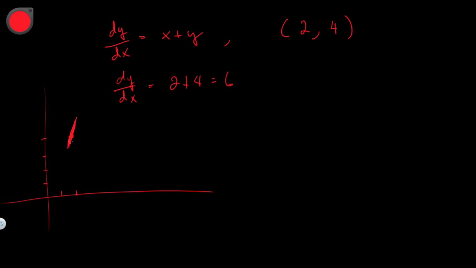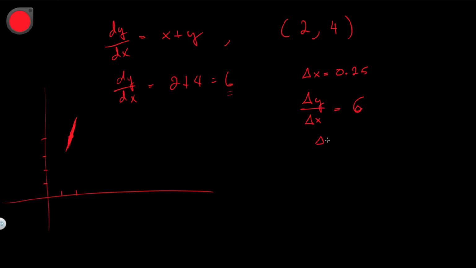Now we need to decide on an increment. How far am I going to go to the right? Let's make our delta x 0.25. Now we need to figure out what our delta y is. Well, delta y over delta x is 6.